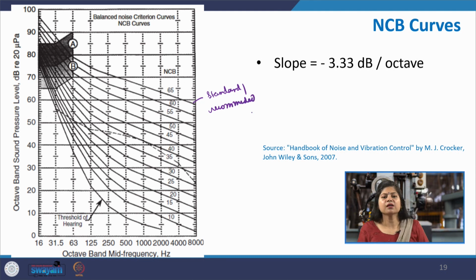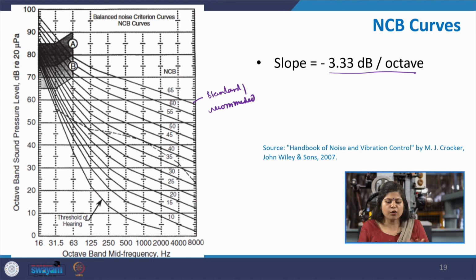That does not mean that the indoor space will actually have that kind of pattern. This is just recommended because this has been found to be giving the best kind of experience to people indoors, that the shape should be like this, that per increase in the octave it is reducing by 3.33 decibels. Okay.